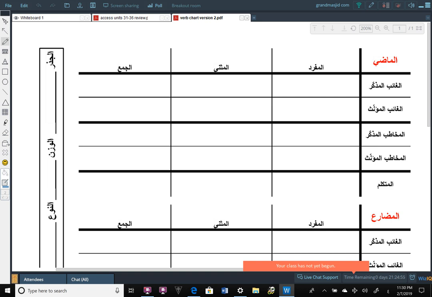And the more exposure to this you've had, the easier it will be, bi'idhnillah ta'ala. So this is more so for review and practice, not so much for teaching. That's the first point I want to make clear. The next 3 or 4 points that he gave me, I will mention, inshallah ta'ala, as we go through the lesson.